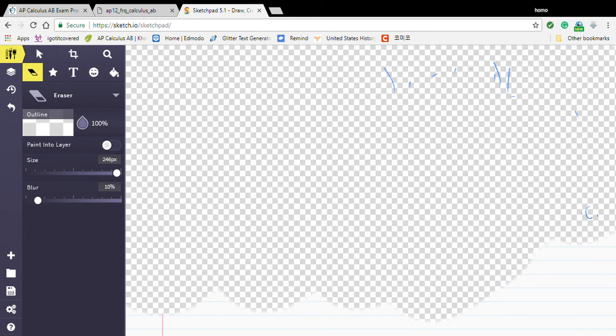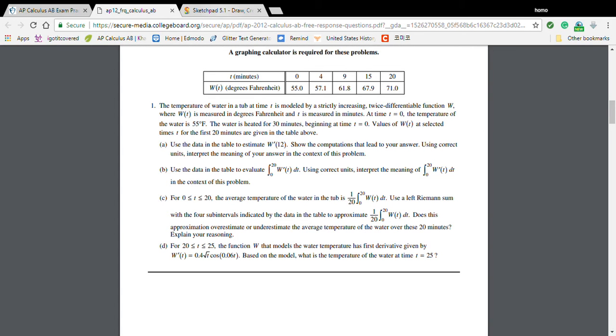Now let's look at D. D says for the time interval 20 to 25, the function W that models the water temperature has first derivative given by this. Based on the model, what is the temperature of the water at time t equals 25?